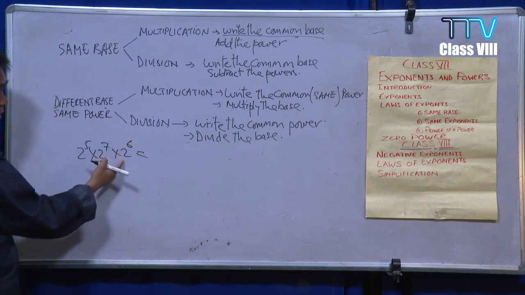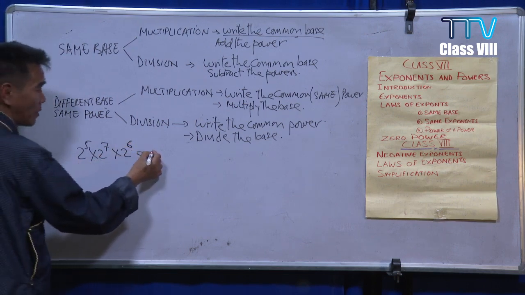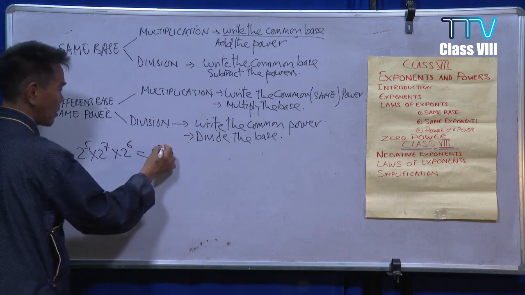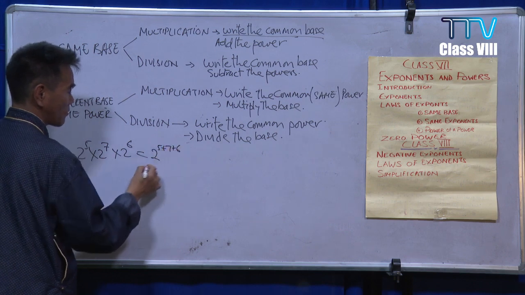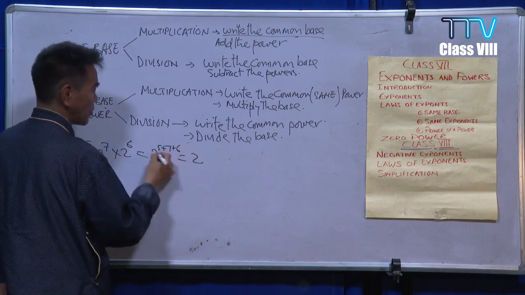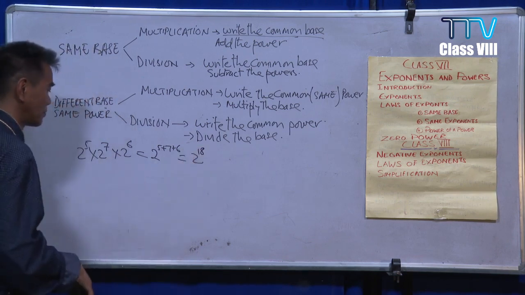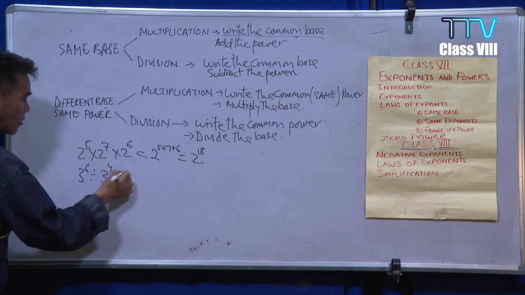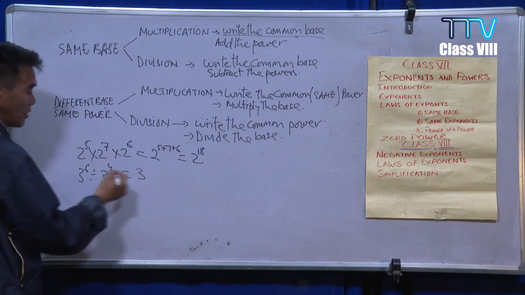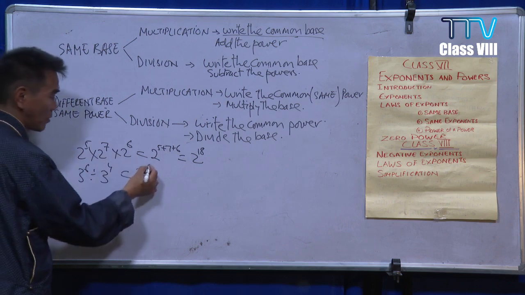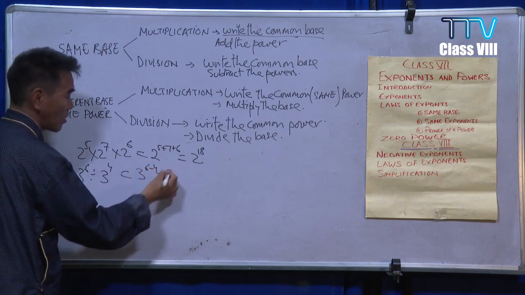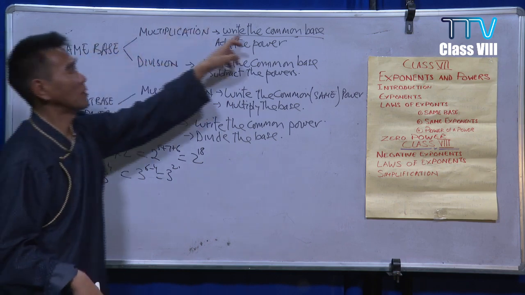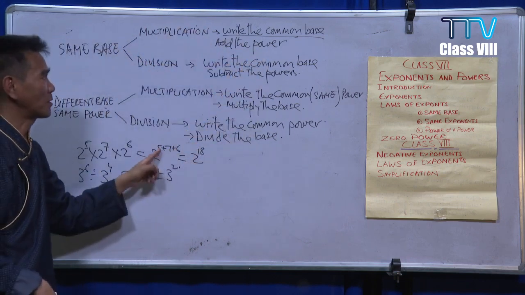Multiplication with the same base: add the powers, so 2 raised to power 12 plus 6 is 2 raised to power 18. When the common base is in multiplication, write the common base and add the powers.